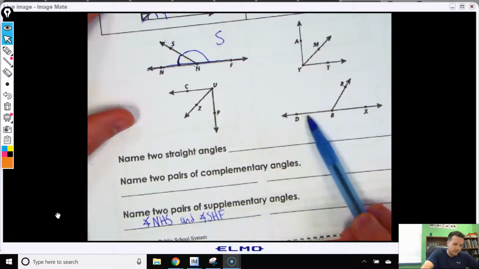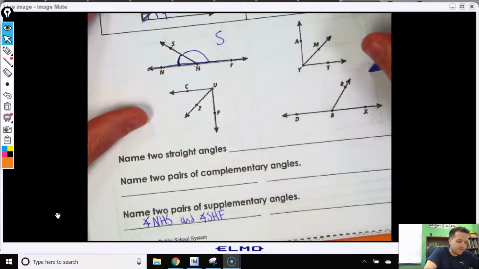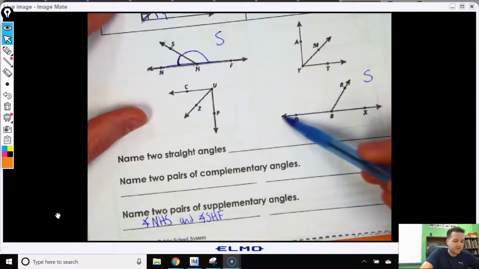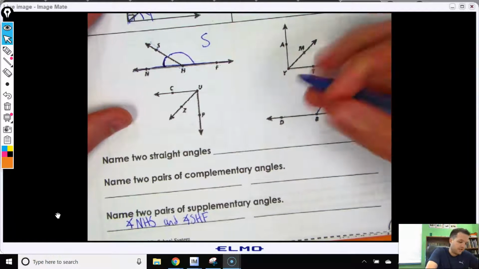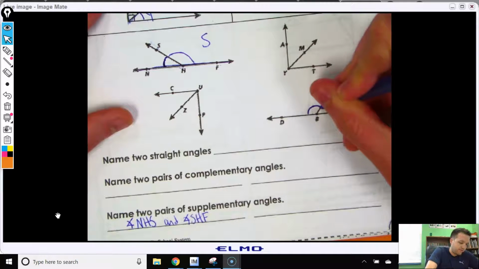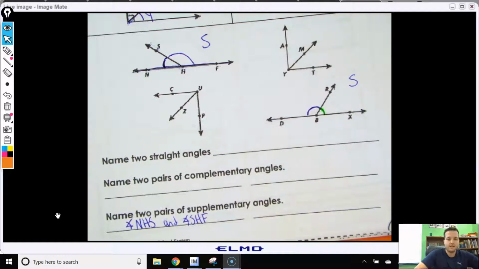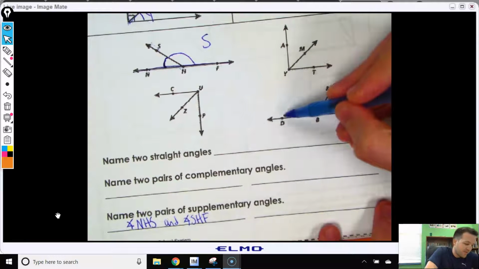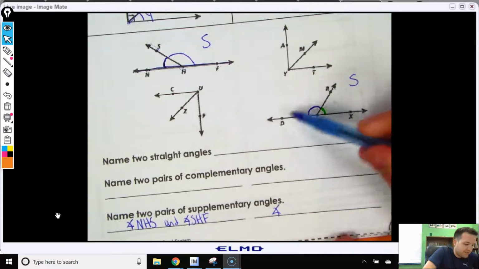Now, if you look over here, you're going to see that this is also supplementary because they're on a straight angle. Okay, so if you look, this angle right here plus this angle right here equals 180 degrees. So the name of this angle, we would say angle DBR.